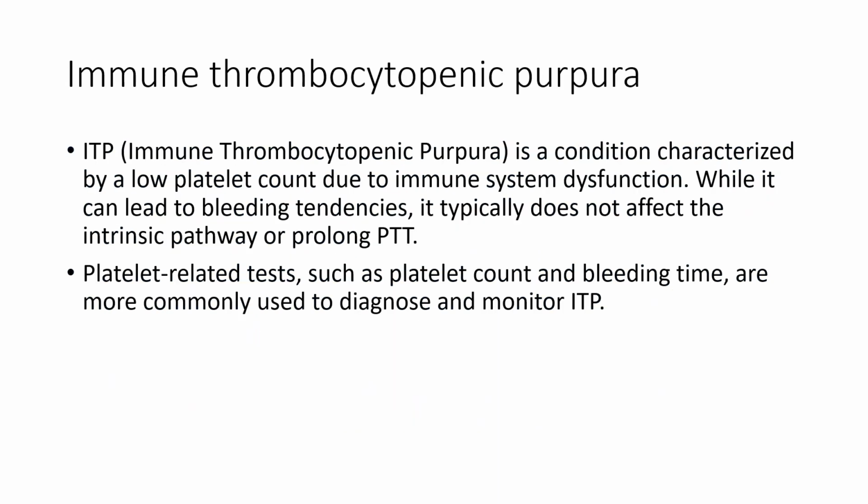Immune thrombocytopenic purpura. ITP is a condition in which there is a low blood platelet count due to immune system dysfunction. While it can lead to bleeding tendencies, it does not typically affect the intrinsic pathway or prolong PTT.